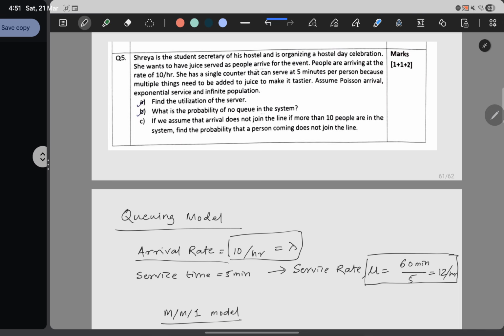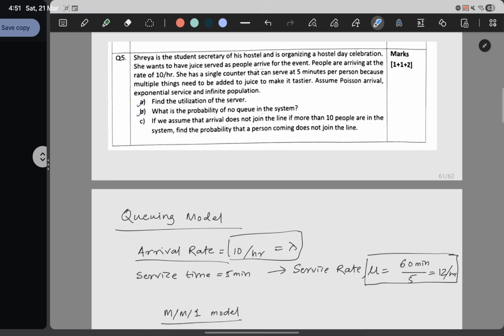So the arrival rate lambda is 10 per hour. The next information is that she has a single counter that can serve at 5 minutes per person, so each person takes 5 minutes.